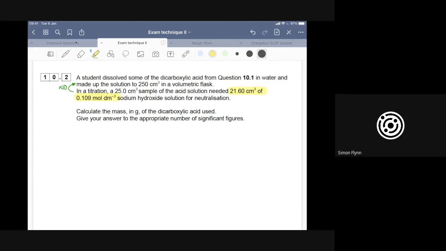In any of these titration questions, in any of the acid-base questions that you get, there is literally no excuse for getting 0, because they will always give you volume and concentration. So at the very least, you work out moles, and that will be 1, possibly more than 1 mark, depending on the question. So at least you've got something. Okay.